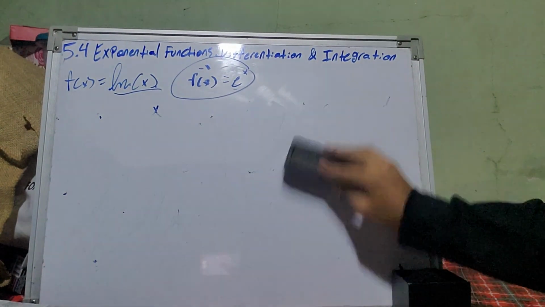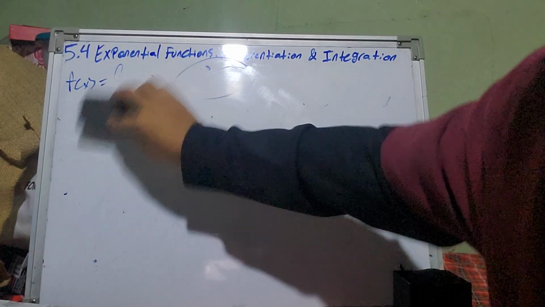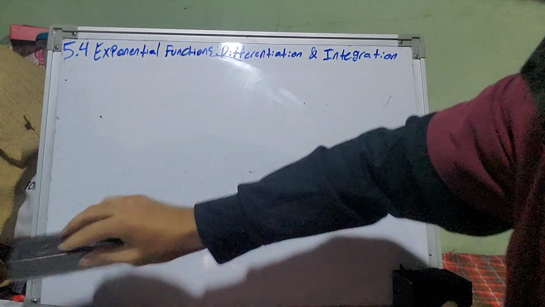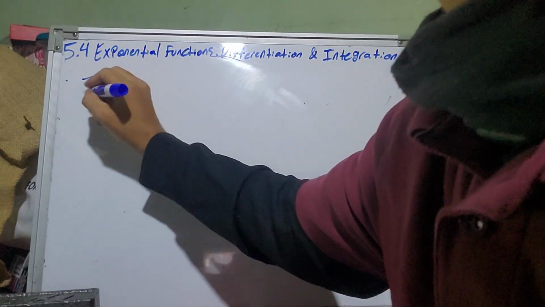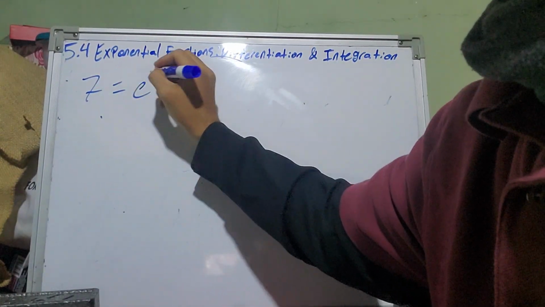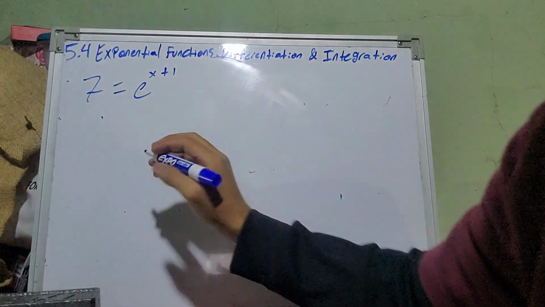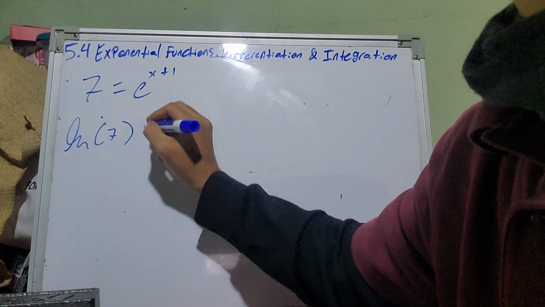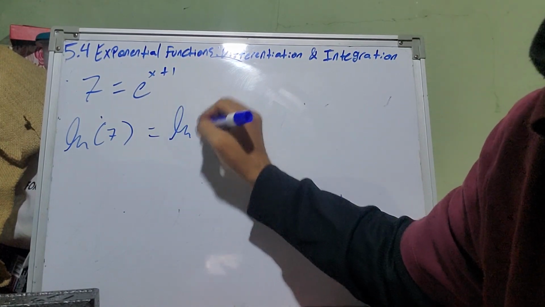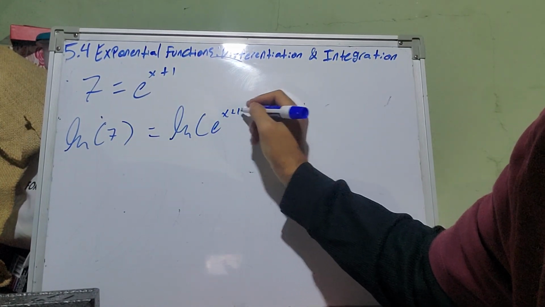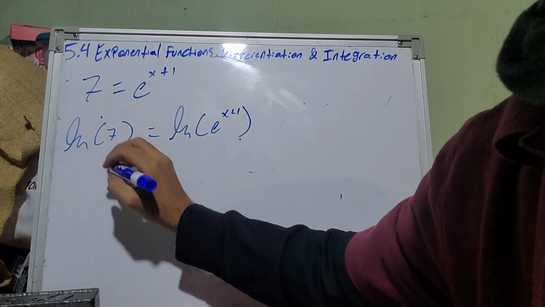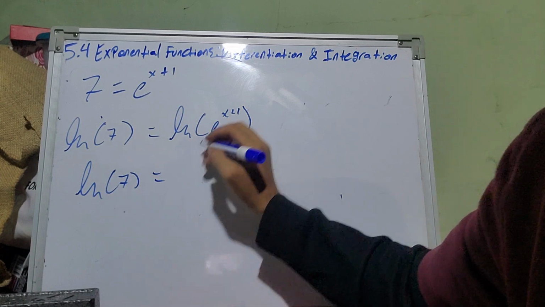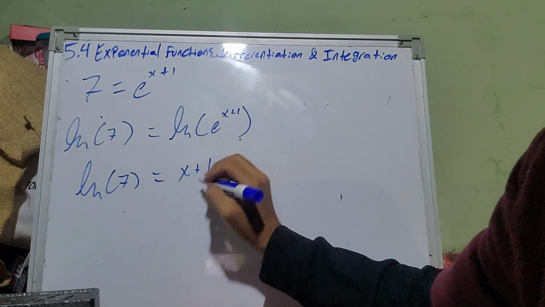Using the problem presented in the slides, we are given 7 is equal to e to the x plus 1. To solve this, we would take the ln of both sides, which will then result in ln of 7 equaling x plus 1.